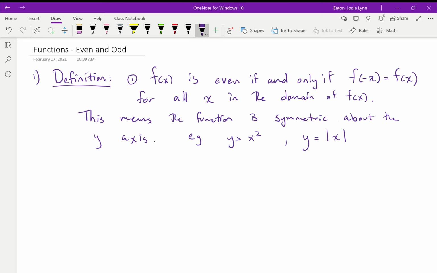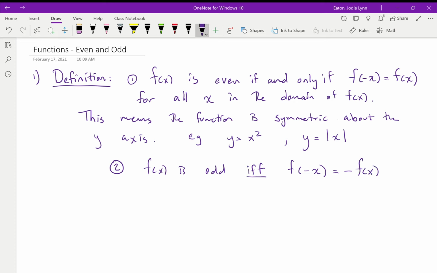So, second definition, we have f of x is odd if and only if, so IFF is the abbreviation for if and only if, f of minus x equals minus f of x. Okay.